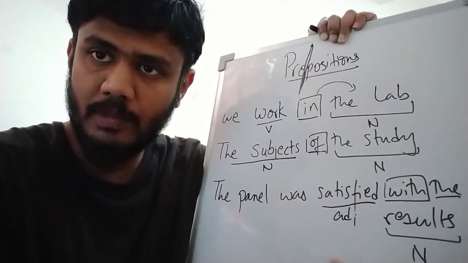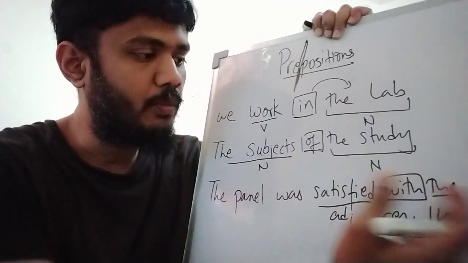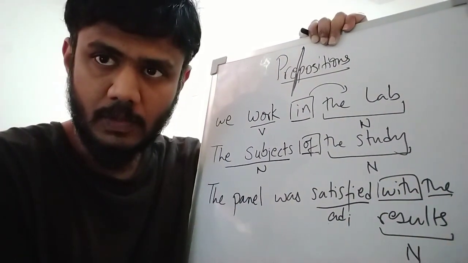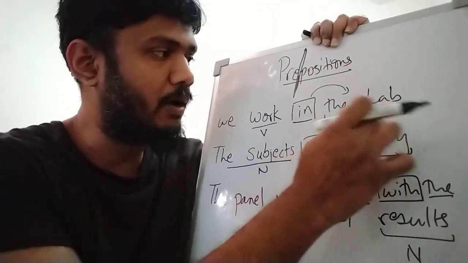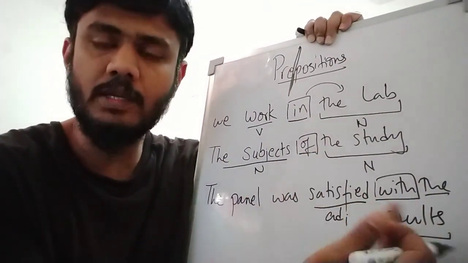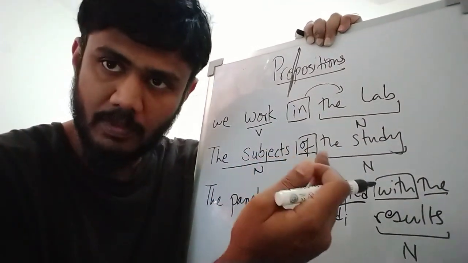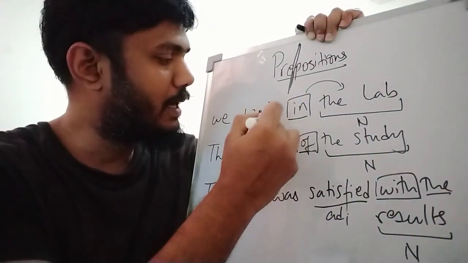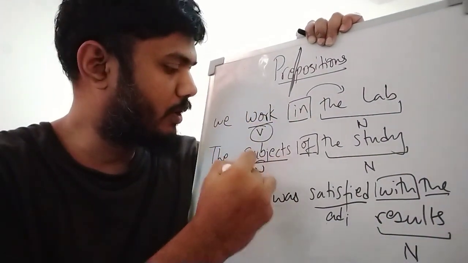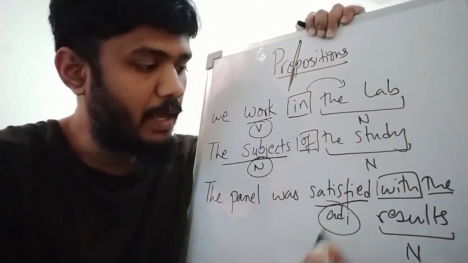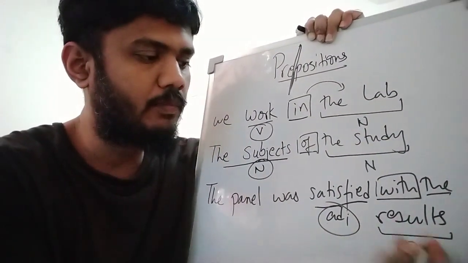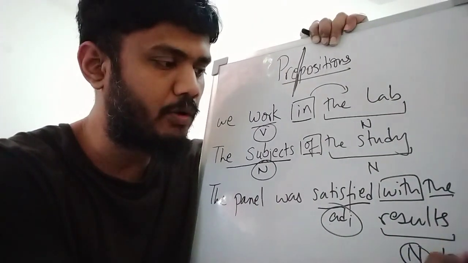They were happy, they were pleased, they were satisfied with the results. That is usually what a preposition does. It connects a noun, which always has to follow it, with something before it, and that thing that comes before it can either be a verb or a noun or an adjective. And when I say noun, it can always be either a noun or a pronoun.